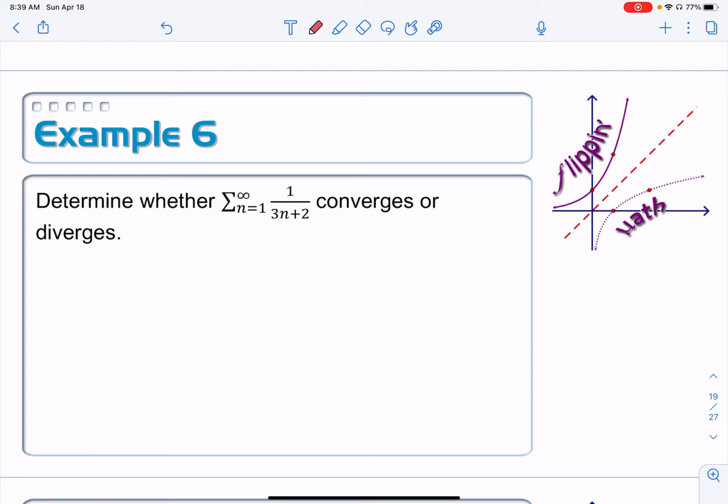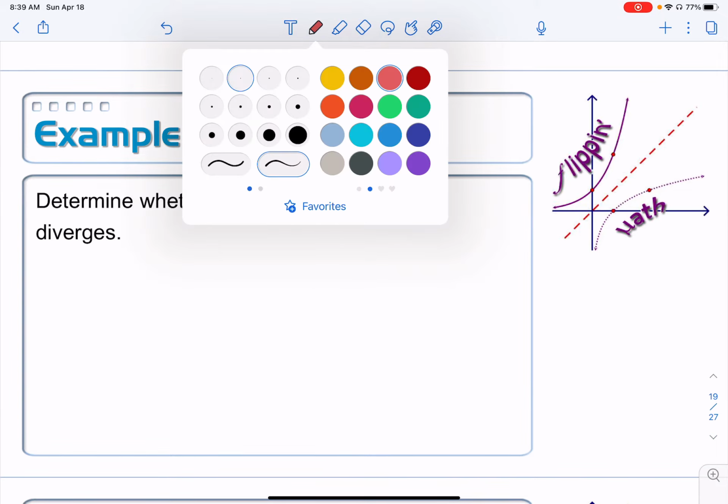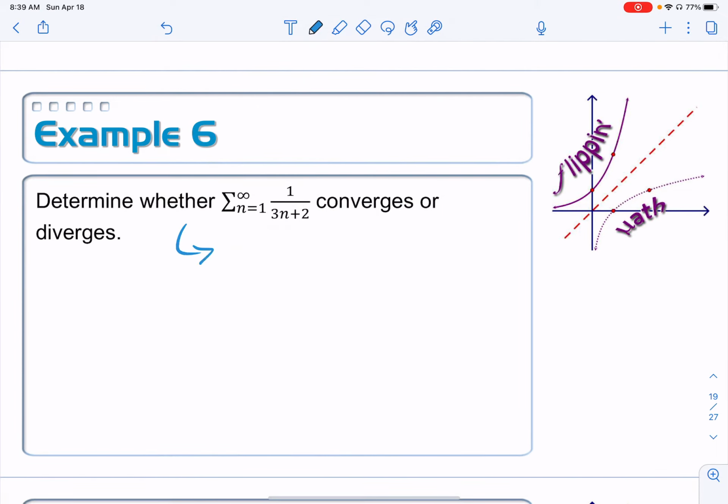We still want to compare it to the divergent harmonic series, n equals 1 to infinity of 1 over n. I capitalized it this time. I think that's proper. You're going to get counted off for capitalization on the test, so be careful.